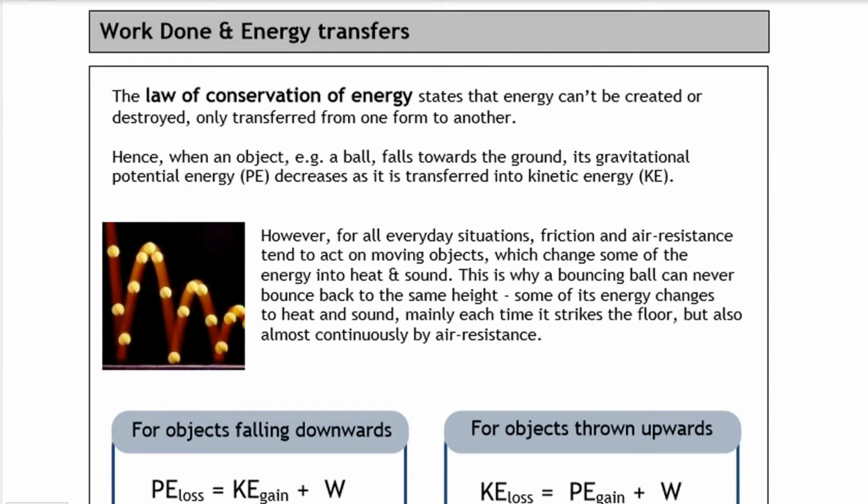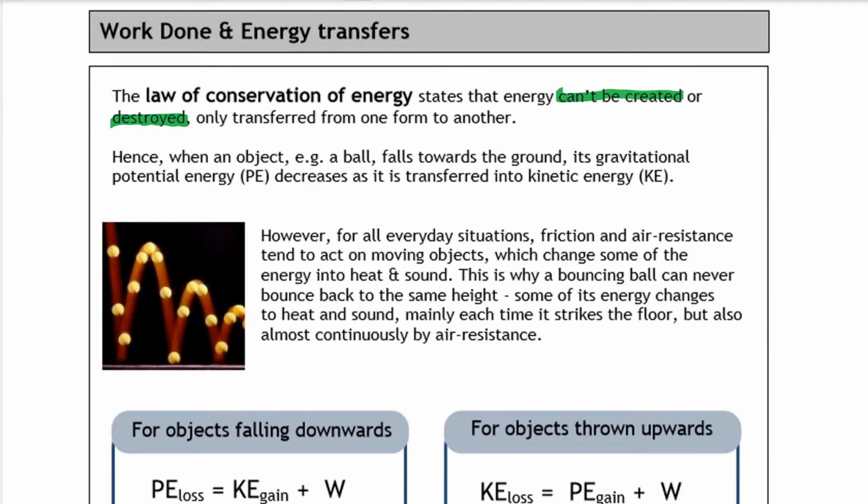Before we go any further, let's go back to a law that you've already learnt in school. The law of conservation of energy. That means energy can't be created or destroyed. That's perhaps difficult to appreciate at first, because let's say you switch on a light bulb.